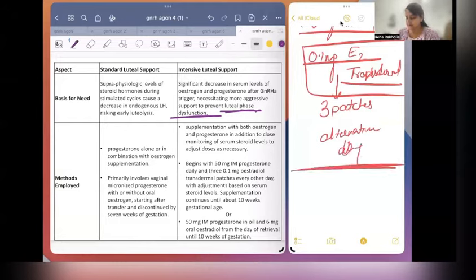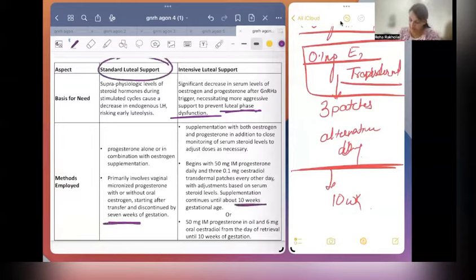According to this, we'll adjust the dose and give it till 10 weeks. In standard luteal phase support, we were giving till 7 weeks. Here we'll give till 10 weeks.